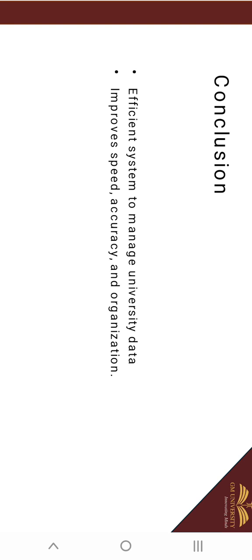So this management system is used in many ways. An efficient system means a reliable, trusted system to manage university data, and it also improves our speed and accuracy, meaning without errors, and organization in a structured way. So this is the conclusion.